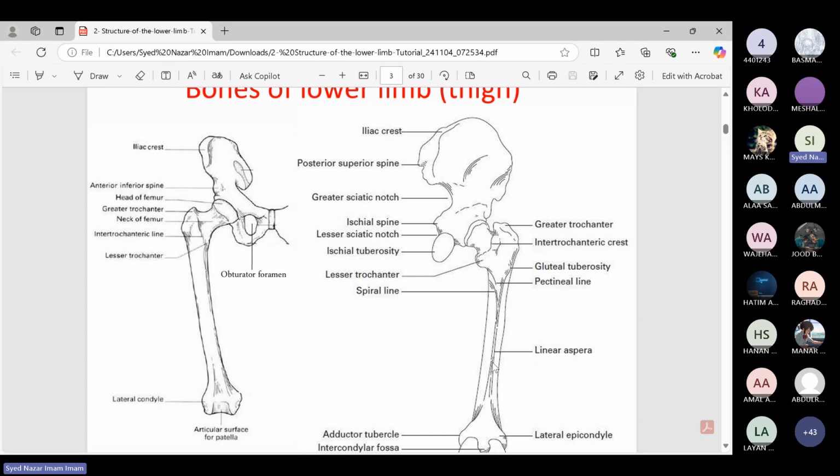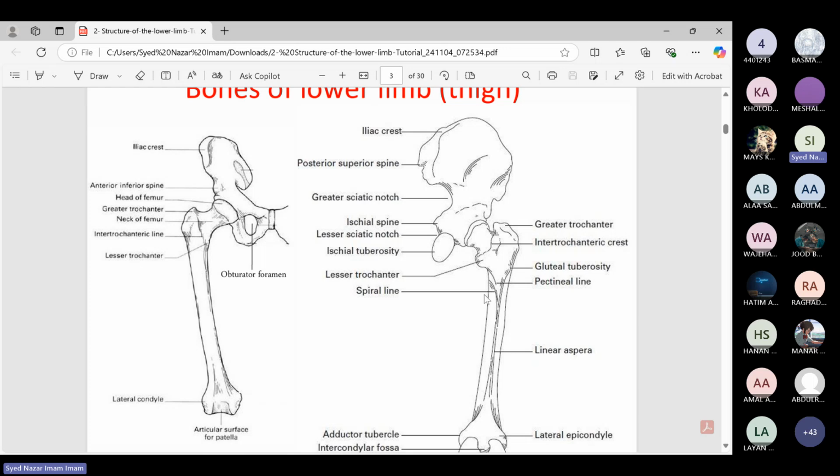What are the muscle groups which are attached to the linea aspera? Just think about it: what muscles should be attaching to the linea aspera? Is it anterior or posterior? It is posterior, so of course the posterior muscles. In the posterior group of muscles, we have two types of muscle, one on the medial side and one on the lateral side. Their origin is from the ischial tuberosity, like the hamstring group of muscles.